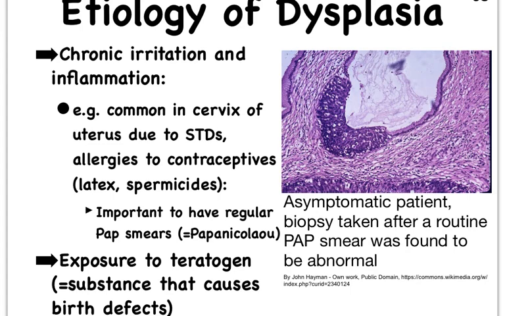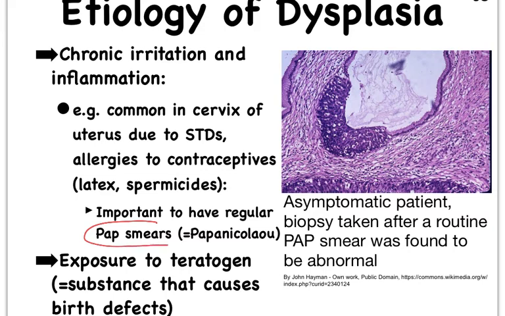So we women are pretty familiar with the term dysplasia because we often have to go see the gynecologist regularly to have our cervix checked, which is basically the transition area between the vagina and the uterus, where cells are collected via what we call a pap smear.